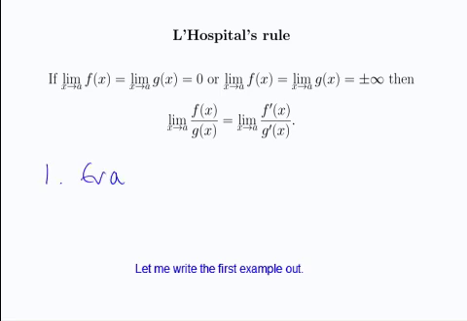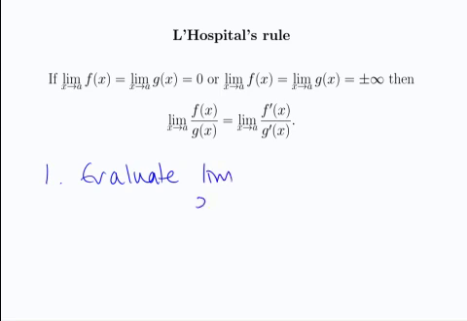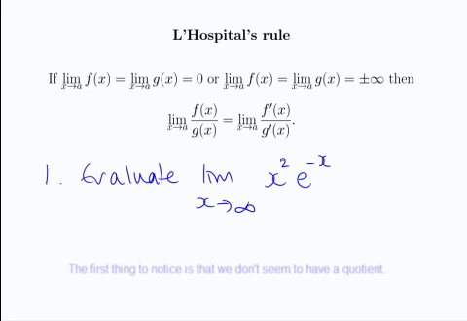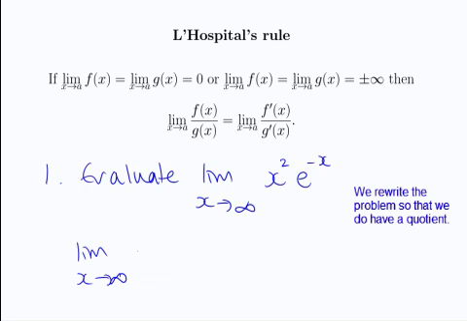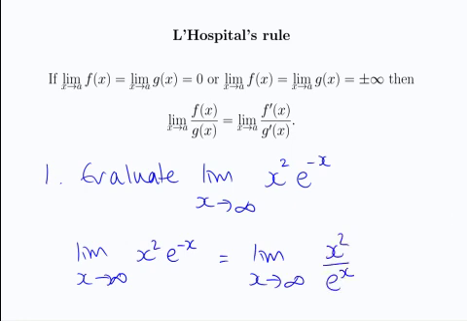Let's say we are asked to evaluate the limit as x tends to infinity of x squared e to the minus x. Well, the first thing I would notice is that we don't actually have a quotient here. So first of all I'm going to rewrite the problem so that we do have a quotient. x squared e to the minus x can be written as x squared over e to the x.